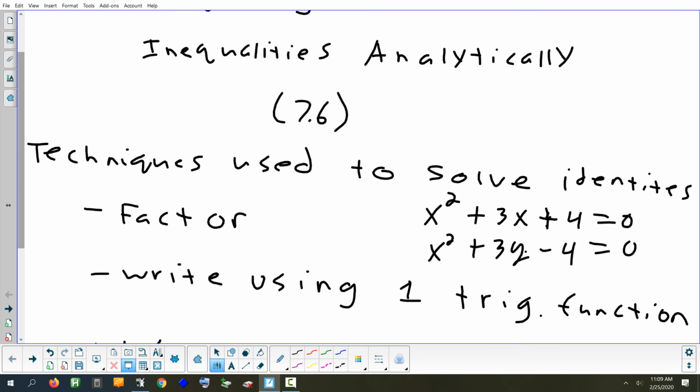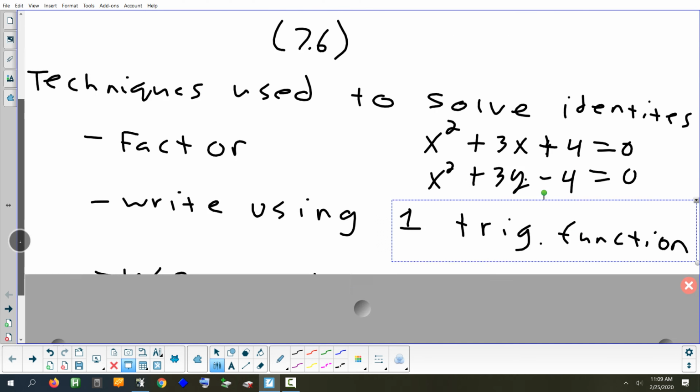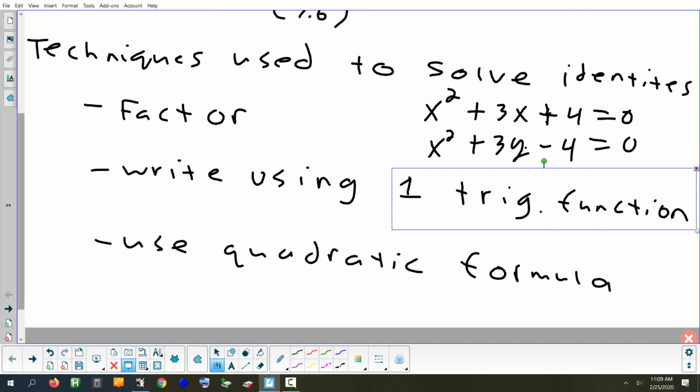Now, factor by grouping is a little bit different. That's another technique. Sometimes you do have more than one trig function. Every problem we start out with today is going to have one trig function. If factoring doesn't work, we can try the quadratic formula.